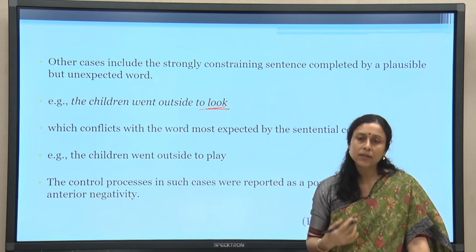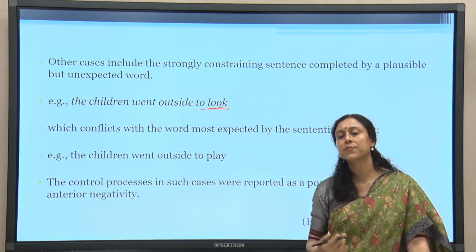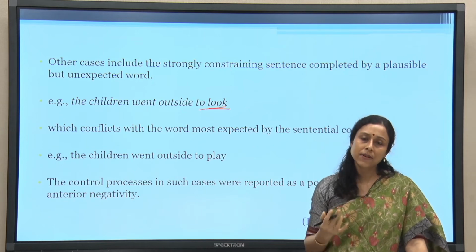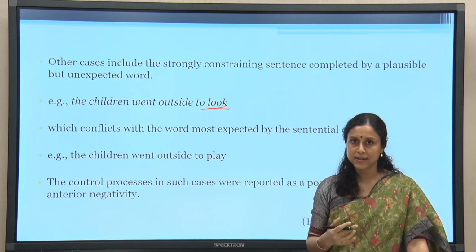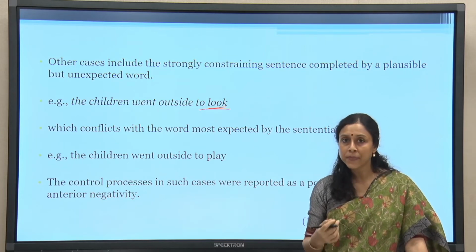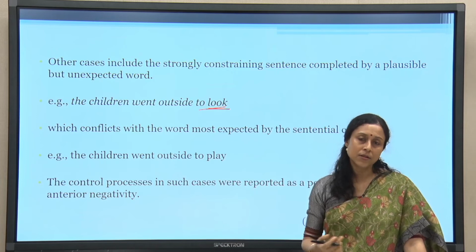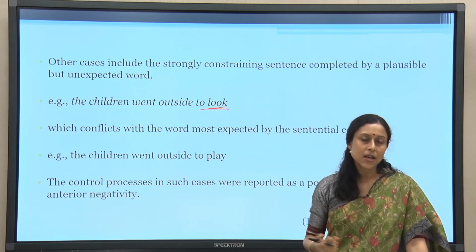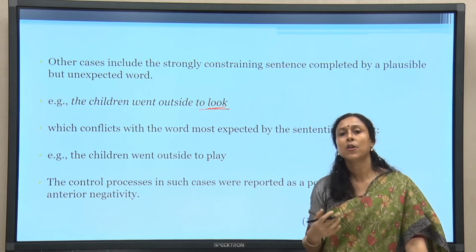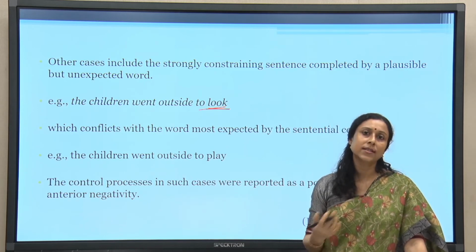So, what we have seen in the last three types of experiments is that there are different kinds of interpretations of a sentence. Sometimes one particular interpretation is more common, it is a higher frequency word or something along that line. But the experimental paradigm is such that the non-frequent interpretation was activated.